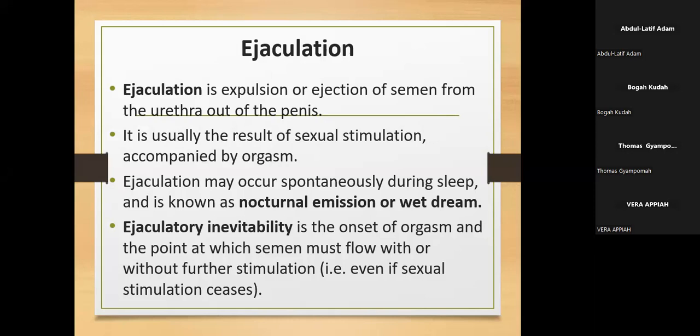I hope I've made myself very clear. If you don't get to that point and you remove it, the semen will not come, because what is triggering the stimulation has been stopped, and therefore ejaculation will also stop. I hope the point is clear. Good.